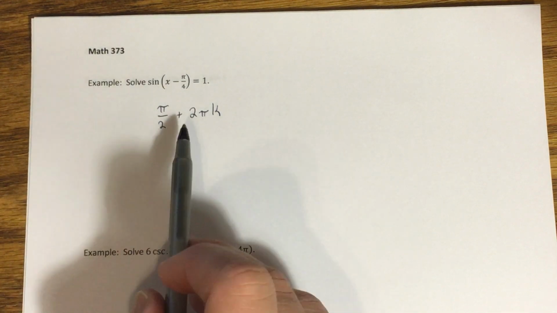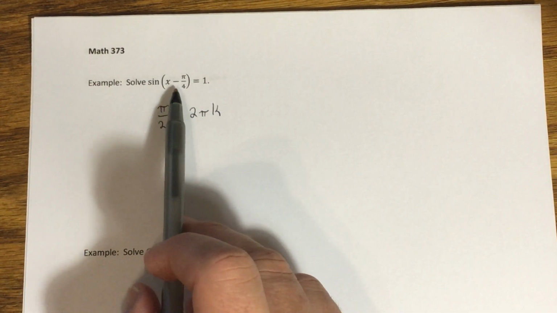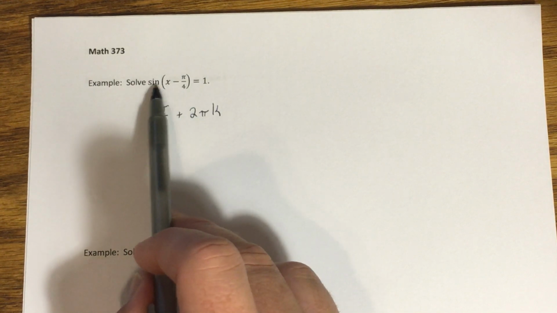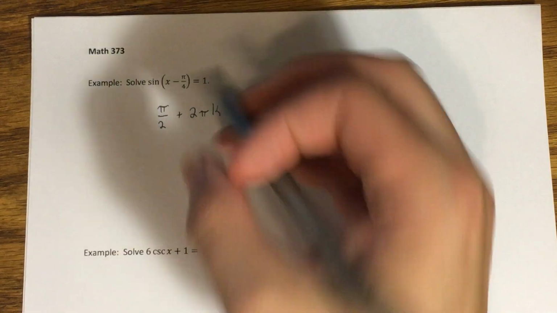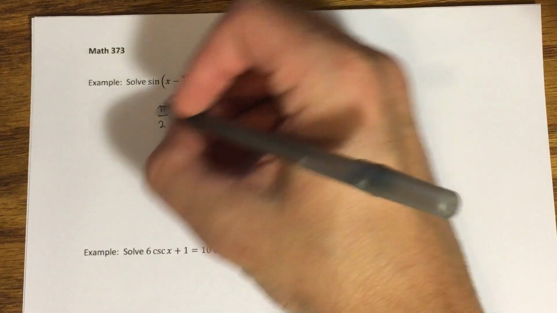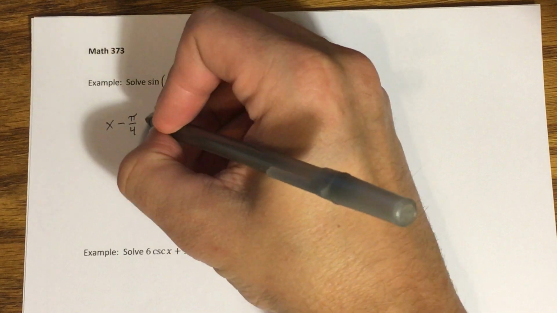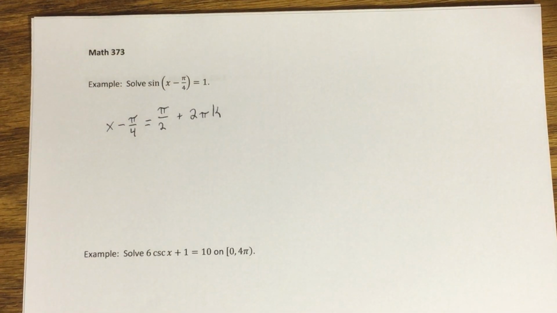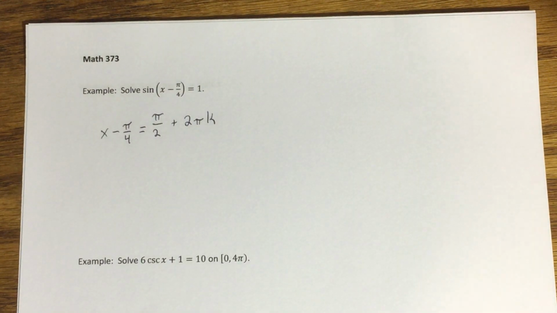But we don't want to say x equals this, because again, it's not x that we're taking the sine of. It's x minus pi over 4 that we're taking the sine of. So I'm actually going to take the entire angle on the inside, x minus pi over 4, and set that equal to the thing that I decided the sine of would be equal to 1.